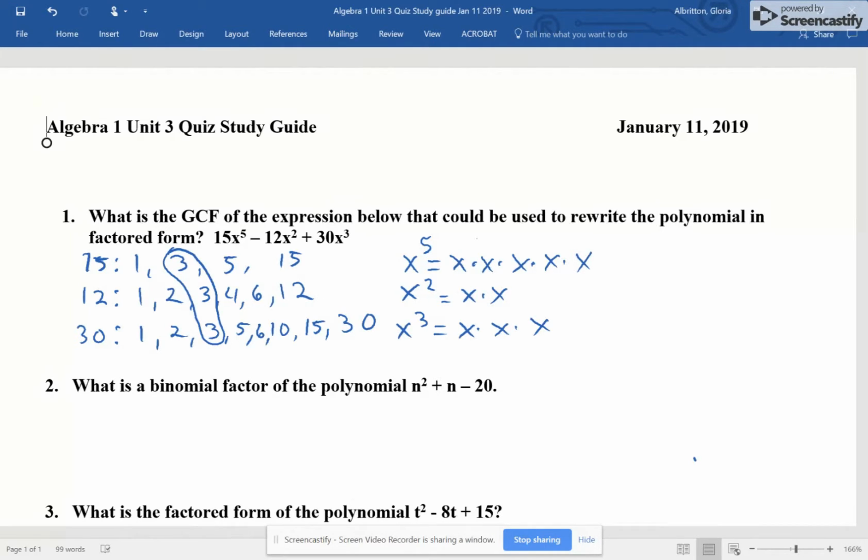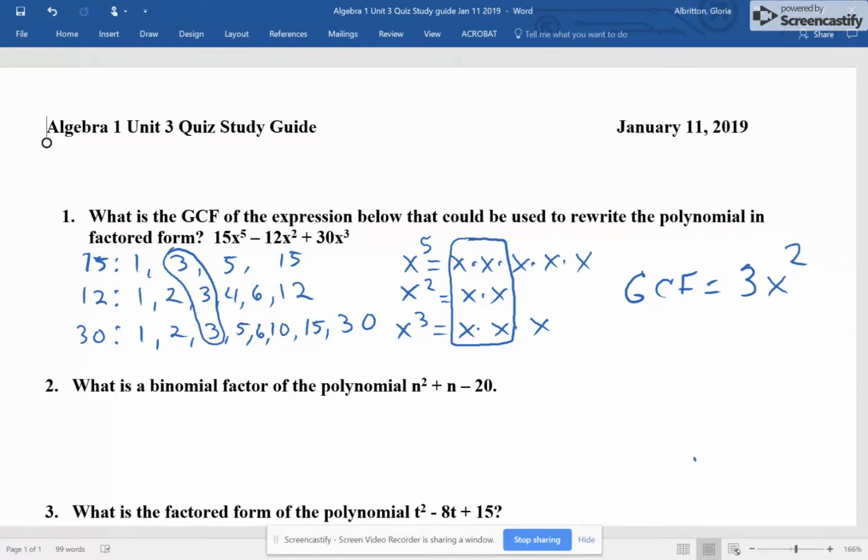And what do all three of these sets of variables have in common? They have 2 x's, which is written as x squared. So the greatest common factor for this polynomial expression is going to be 3 and x squared. So 3x squared.